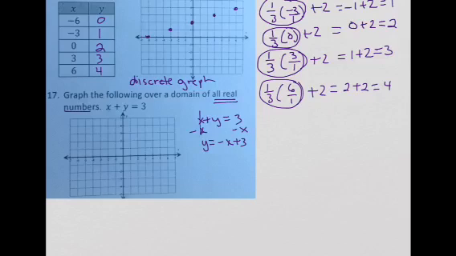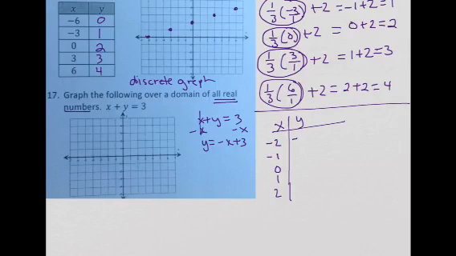So make a table with a few values, so I'll just make it here on the side. So let's start off with, let's say, -2, -1, 0, 1, 2. So the opposite of -2, because it's minus x, right? So the opposite of -2 plus 3, that's 2 plus 3, which gives you 5.